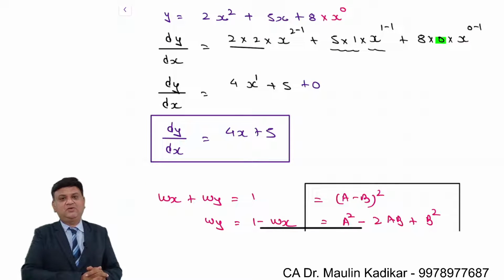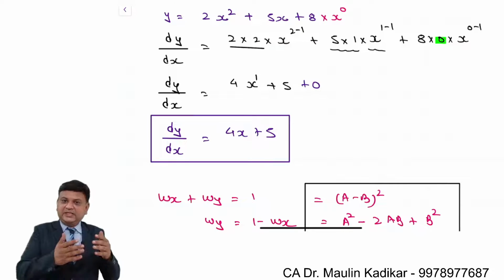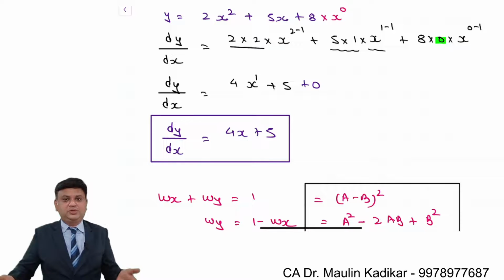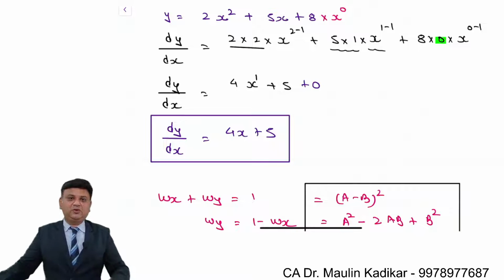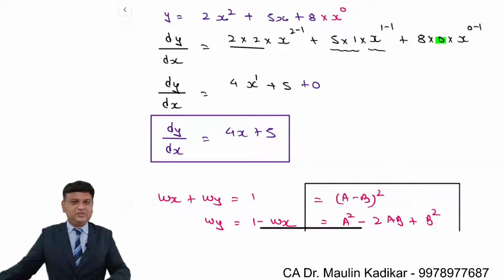If y is equal to 2 into x raised to 2 plus 5x plus 8, it means that it is 8 into x raised to 0, because anything raised to 0 becomes 1. So dy upon dx is equal to n into x raised to n minus 1. That is the differentiation.